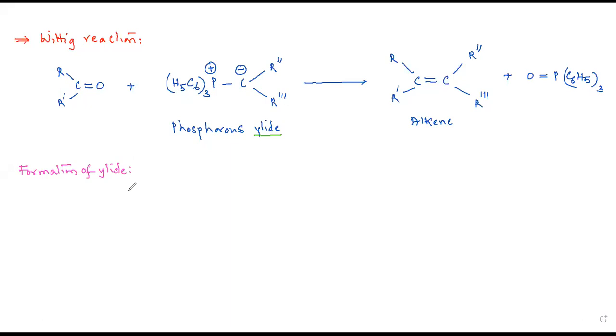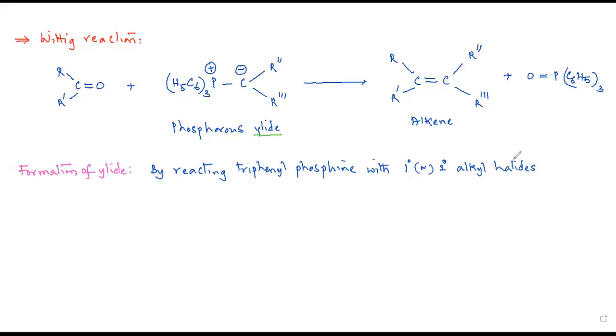See, these ylides can be formed by reacting triphenyl phosphine with 1 degree or 2 degree alkyl halides, because it is again a kind of SN2 reaction.